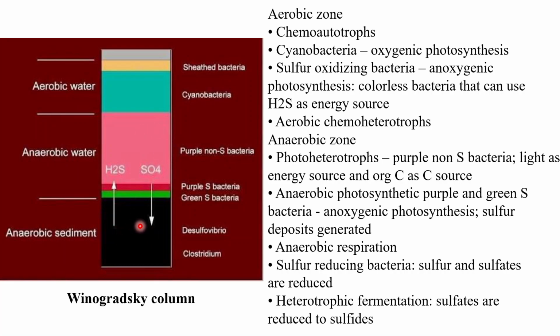After you set up a column like this and leave it under sunlight, after a week or so you can observe all these layers. They are visible as different colored layers if you are using a transparent tube, and you can actually see the different colored layers, purple, green, like that.